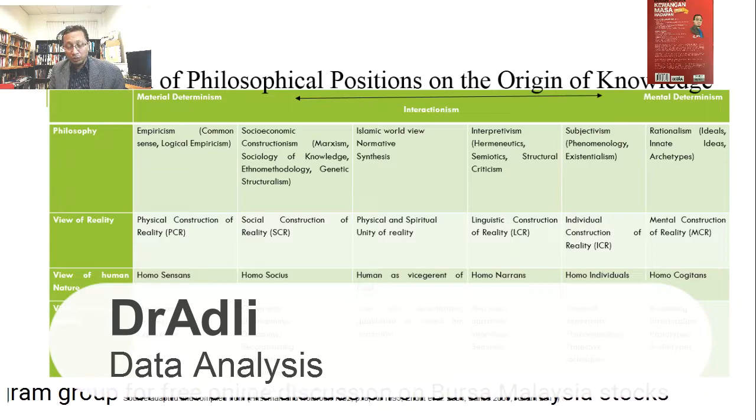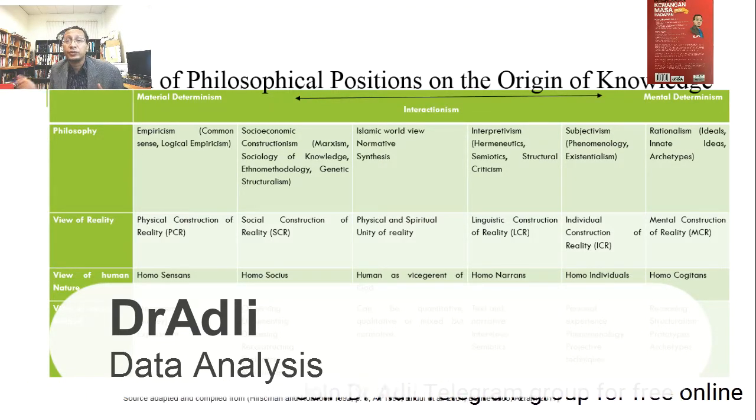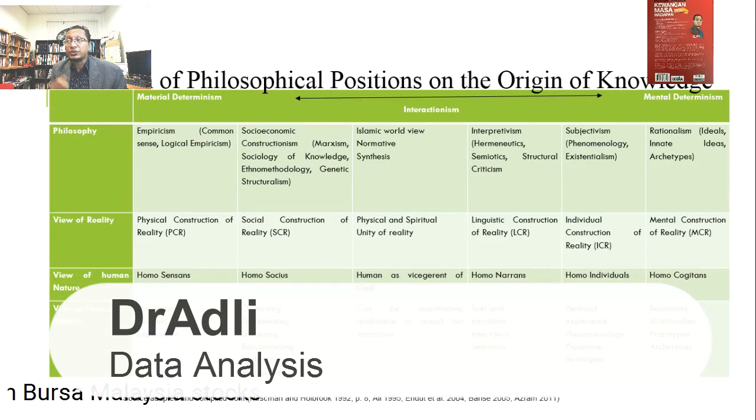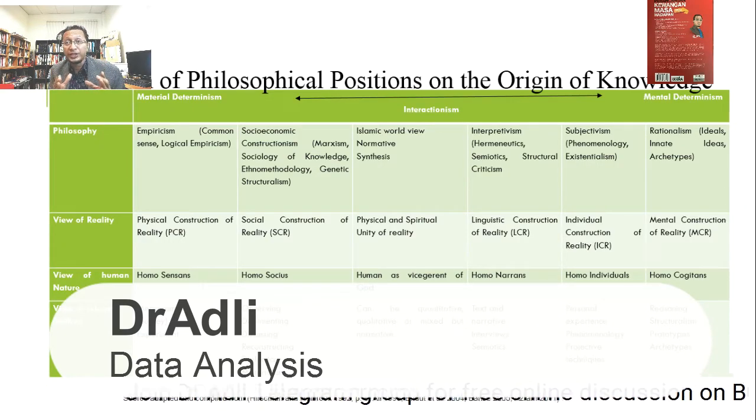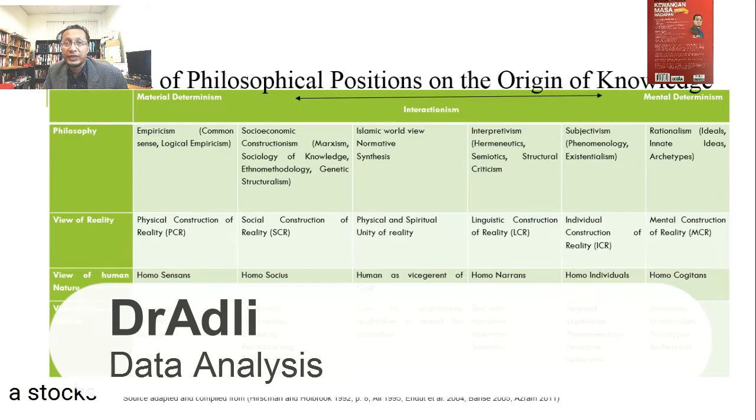But when you do your methods, you cannot use interviews or qualitative methods, so you need to use quantitative methods. Your epistemology, how you acquire knowledge, needs to be aligned with your methodology. I hope you understand that.